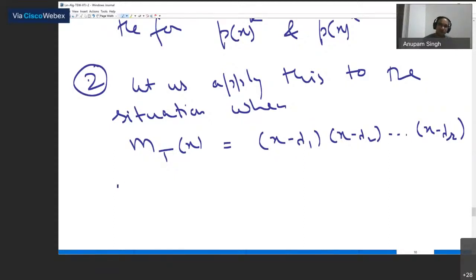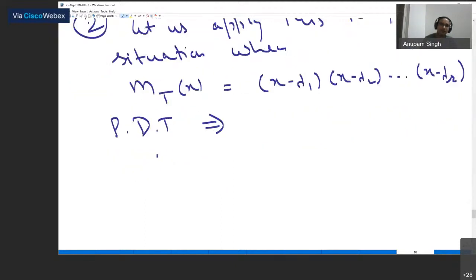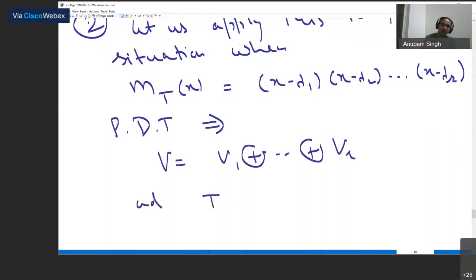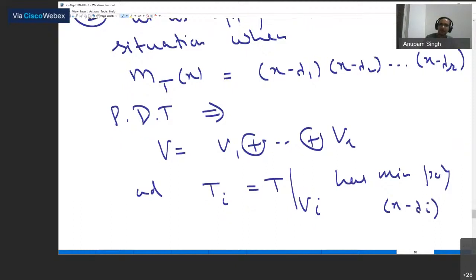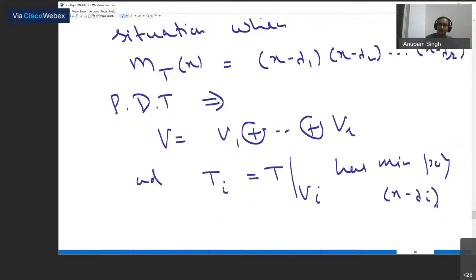So the primary decomposition theorem will imply that I can write V as V1 direct sum VR, and Ti, which is basically T restricted to Vi, has minimal polynomial exactly x minus lambda i. But what is the meaning of a linear transformation having minimal polynomial x minus lambda i?